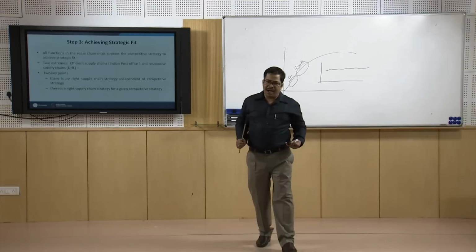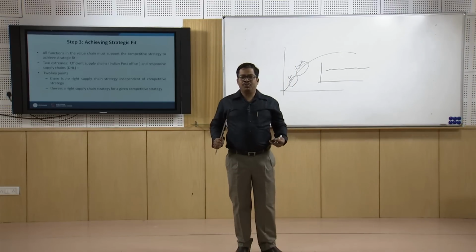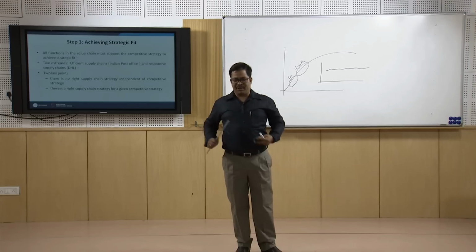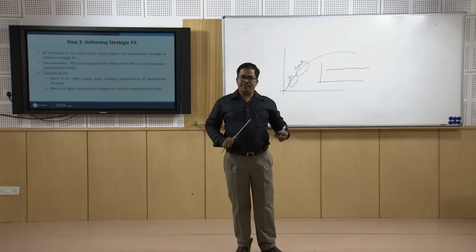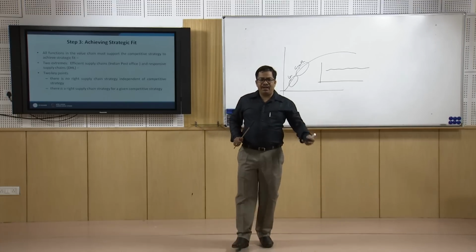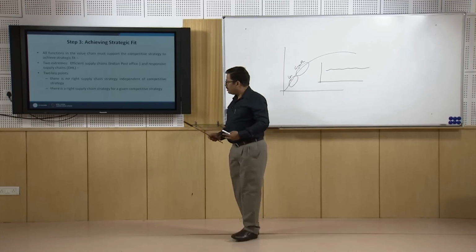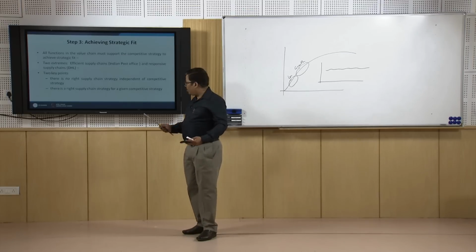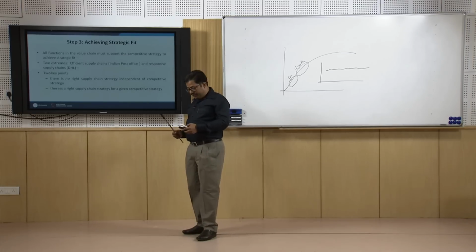So, if I want a customer who gives more importance to time, then I have to develop a responsive supply chain, and if I am looking for a customer who gives more importance to money, in that case I have to develop a very efficient supply chain. So, there is a particular type of right supply chain strategy for a particular type of competitive strategy.